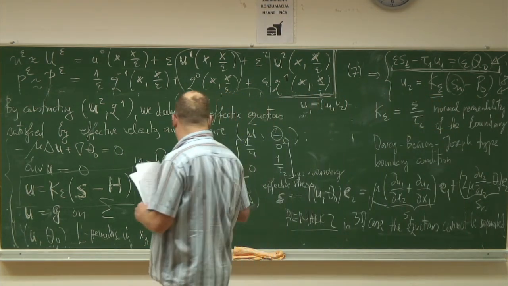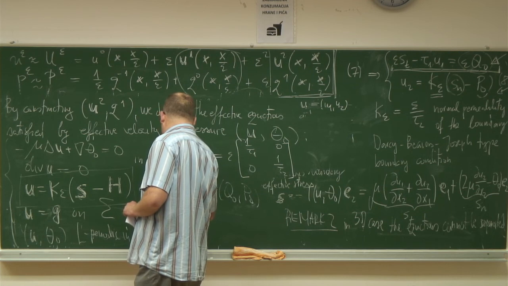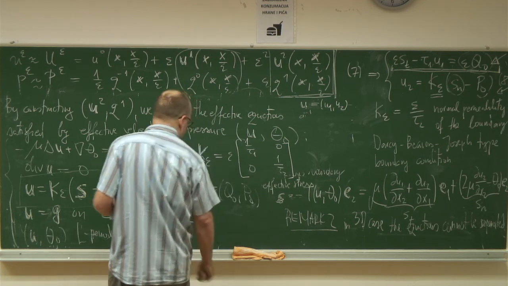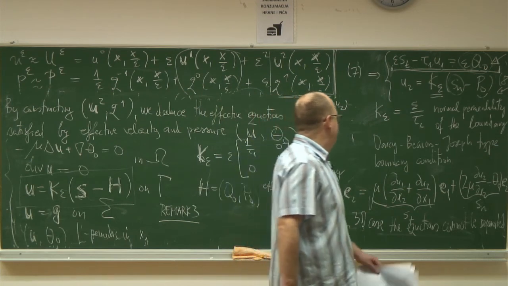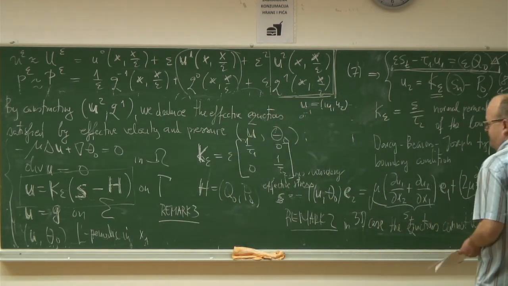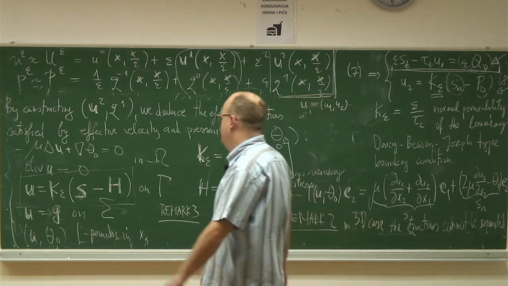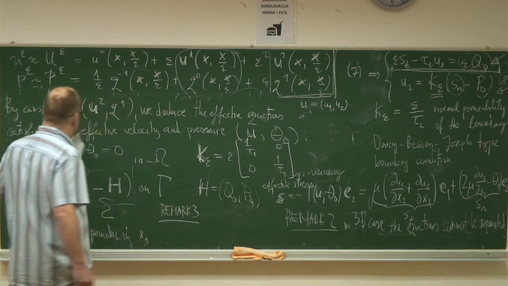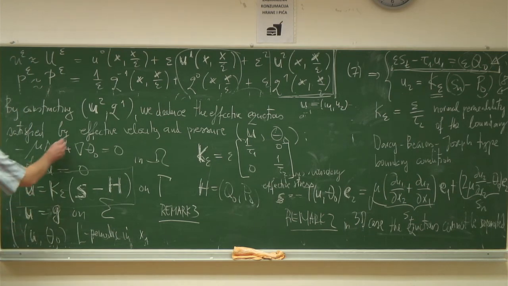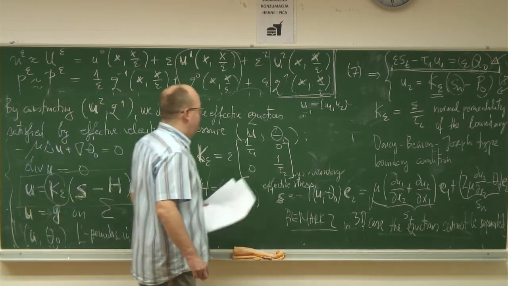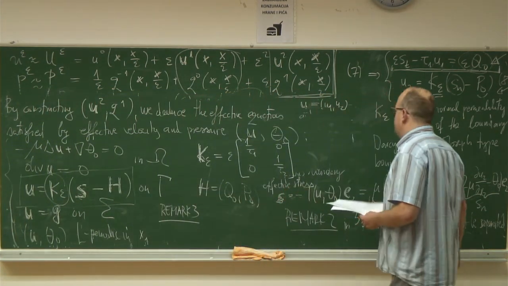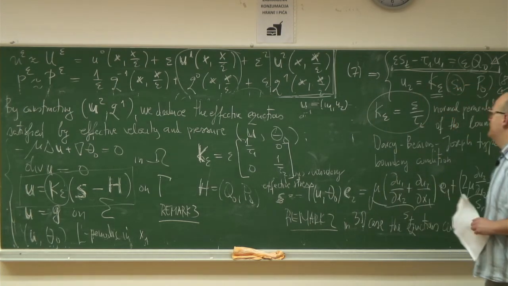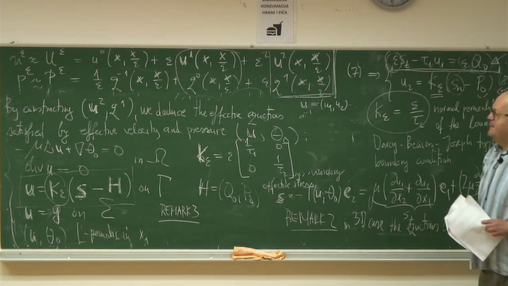One more thing, and that will be essentially the final remark. Remark 3 is that if you look more closely at this system, does it still depend on the epsilon? The functions effective velocity and pressure do not contain index epsilon, but this system, satisfied by the effective velocity, essentially depends on the epsilon, because this permeability matrix, this normal permeability, this Beavers-Joseph contains epsilon.